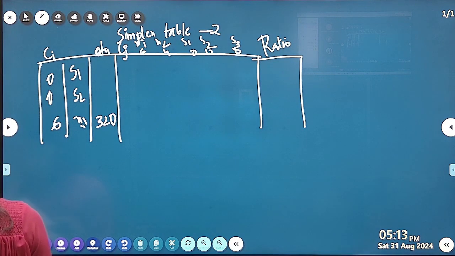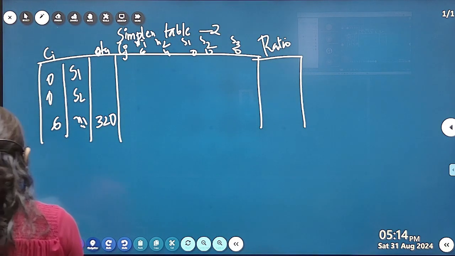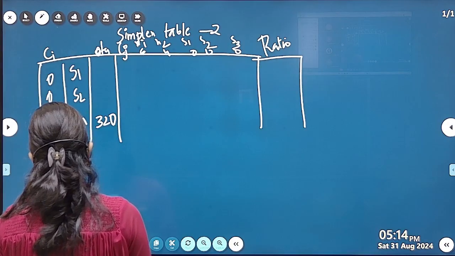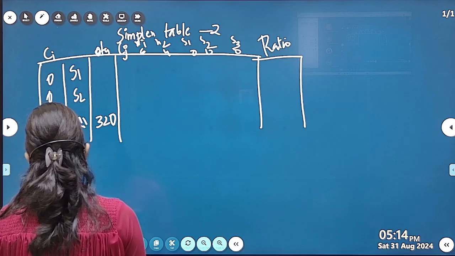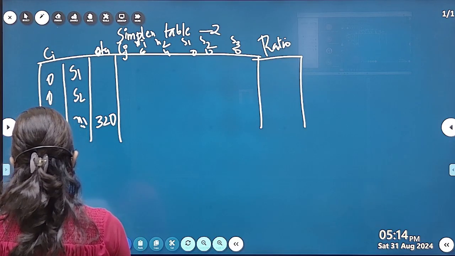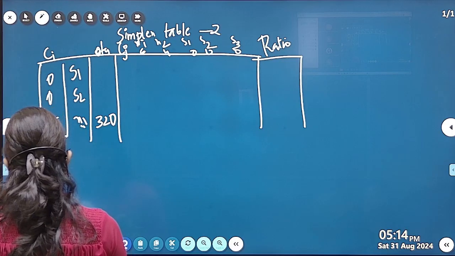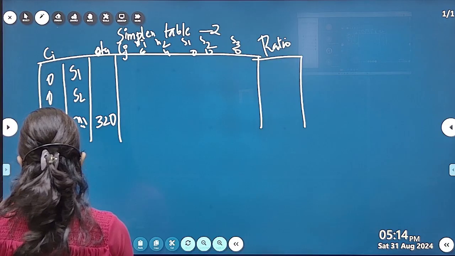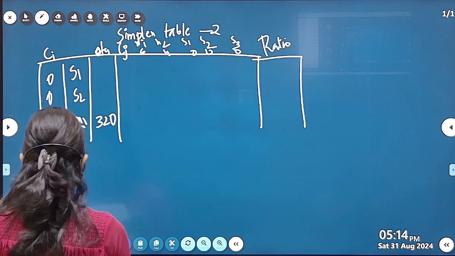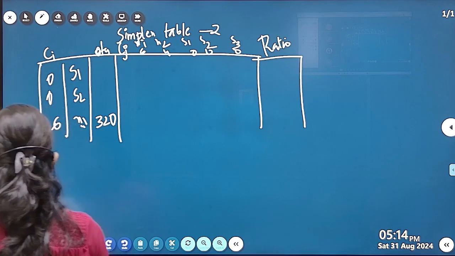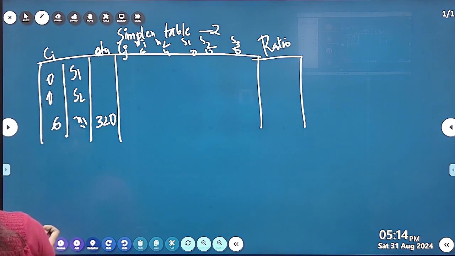What are the values of that? Tell me the values of x1.